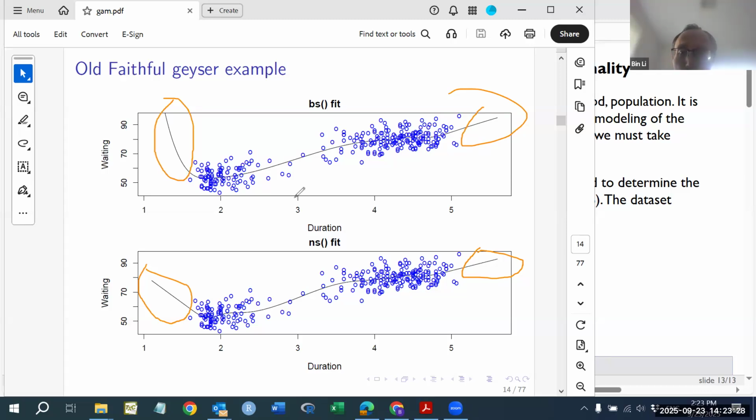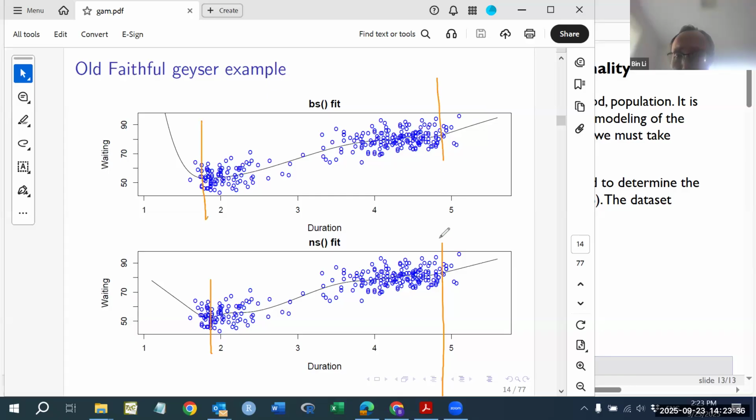But when we look at the interior part, if you look closely, you can see the natural spline fitted curve is more what? It has more curvature in it, and is more flexible compared to the B-spline. The B-spline is more like a linear fit within the range.